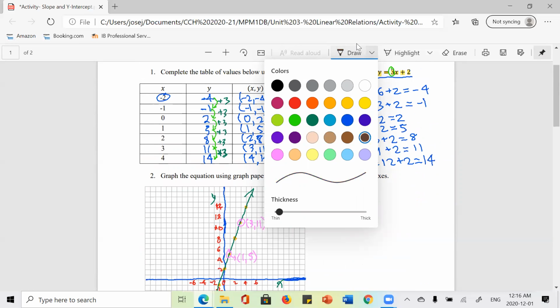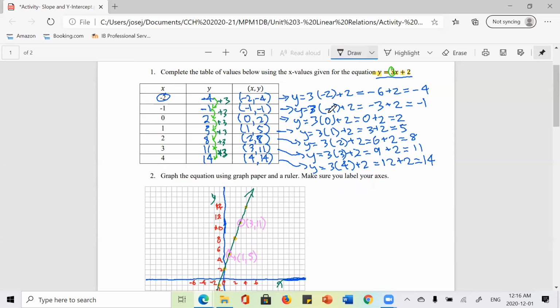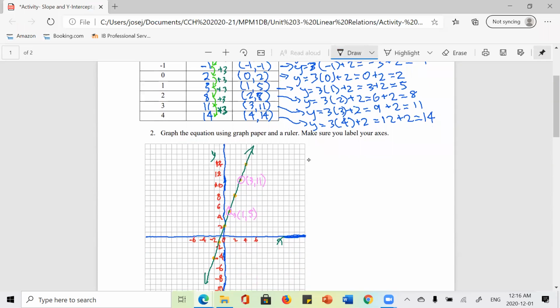Let's just use this brown one here, and we're going to identify our y-intercept. Our y-intercept is at (0, 2). So I'm going to write this over here. Y-intercept. This is our y-intercept right there.